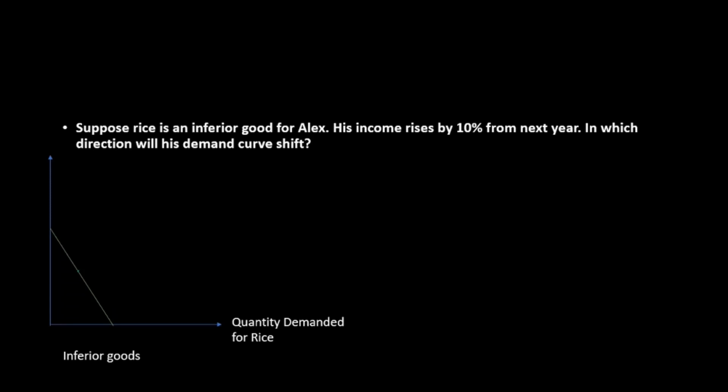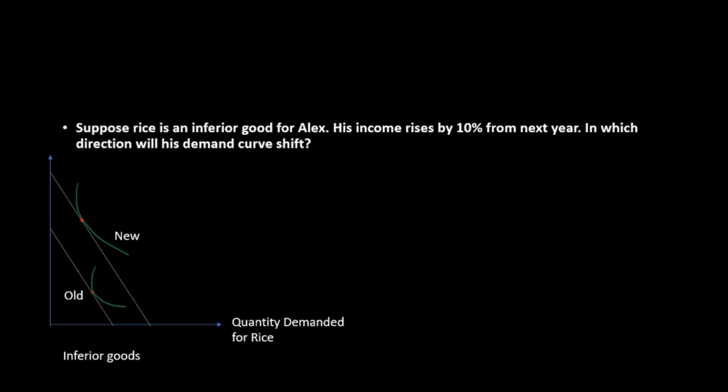Now we know that when income increases, the budget line also shifts in the upward direction. So this is my new budget line, and I try to draw the indifference curve for both the budget lines. This is my old indifference curve for the original budget line, and this is my new indifference curve for the revised budget line after the 10% rise in income.